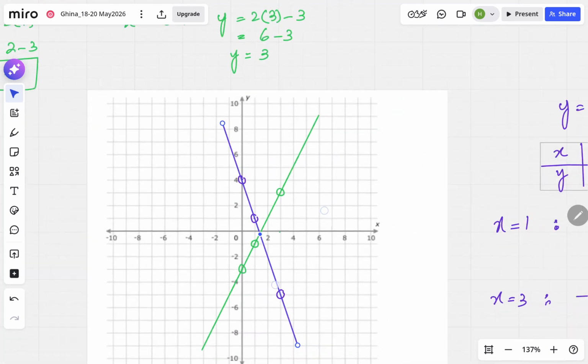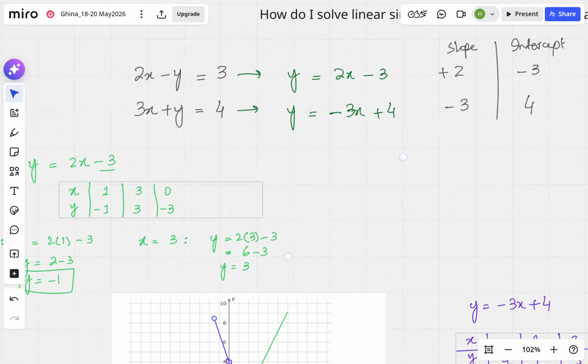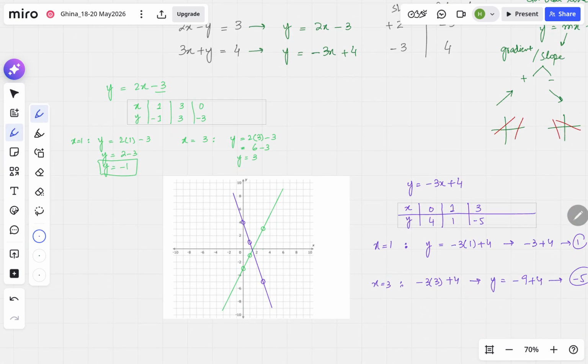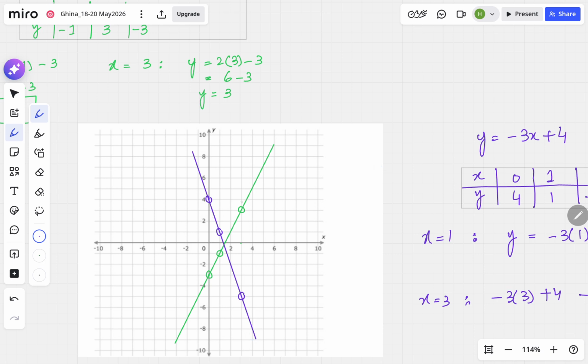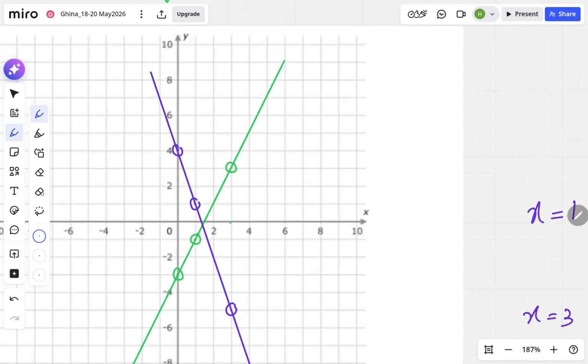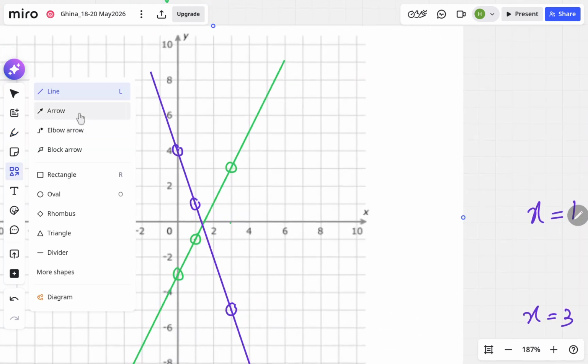Okay, so for the linear simultaneous equations, your solution is where these two lines intersect with each other. You plot the lines on the same graph, and you see where these two straight lines cross each other.